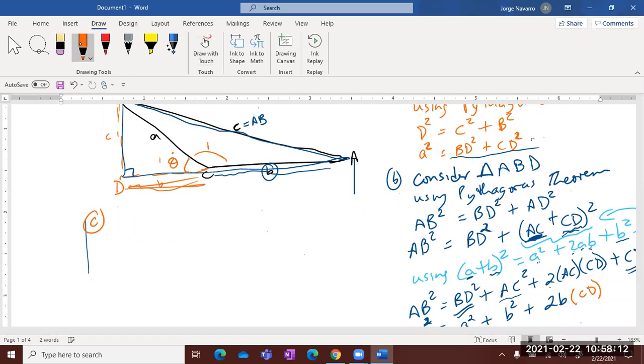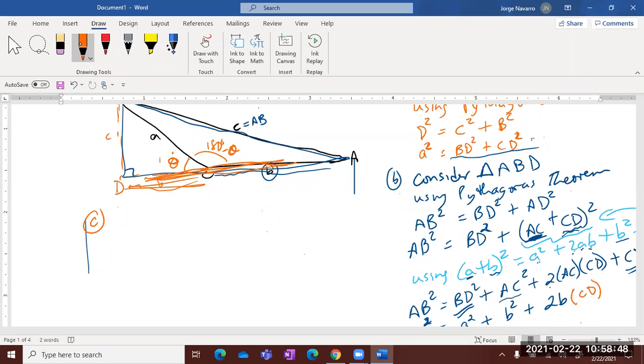I can call this 180 minus theta. Do you see why? Talk to me. Yes or no? No, sir. How many degrees does a straight angle have? 180. So if this is theta, then the remainder will be 180 minus that, isn't it? Yes or no? Yes, sir.